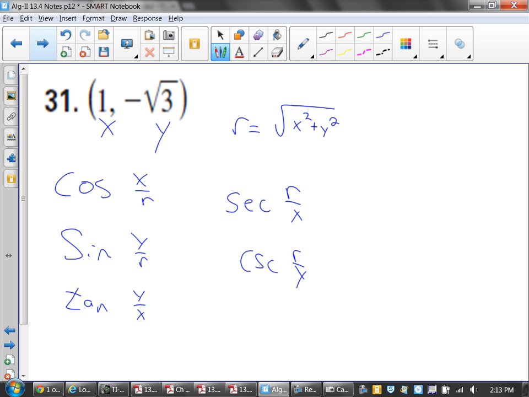What happens here is if you plot that point in space, you went over 1, you went down √3, and the point was placed here. This is the terminal side of theta. So as this one comes around, there's 1, and this is that -√3, which means theta is placed there. Theta always works back to the origin. Your point out in space, if it was out here, goes down and over, theta would be here.